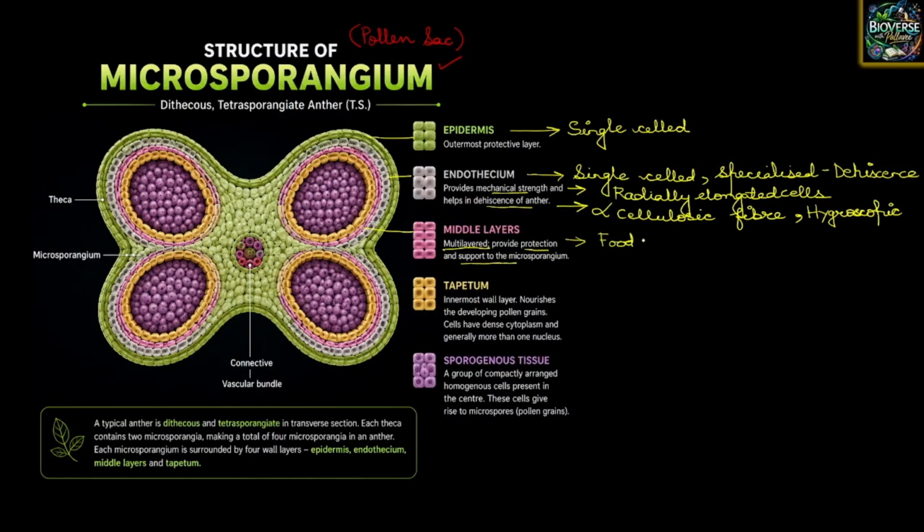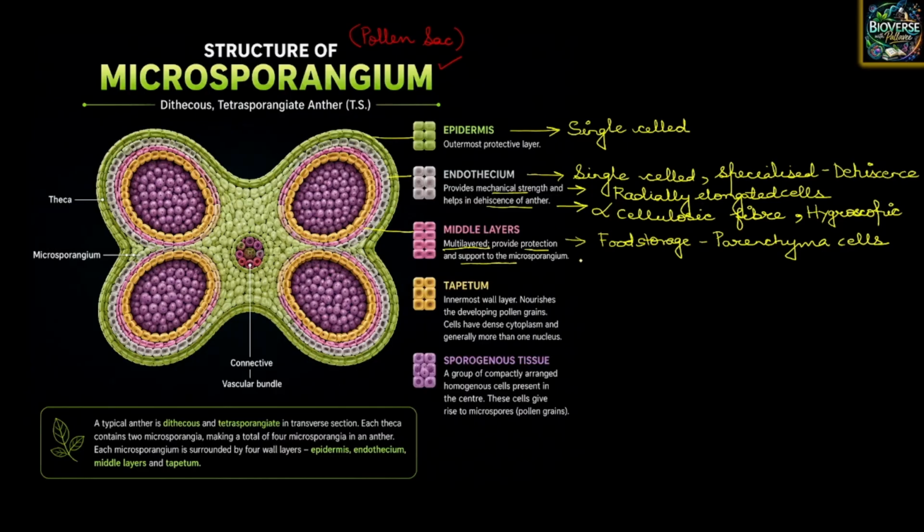So the cells of the middle layer do the food storage. The food storage is done by the parenchyma cells present in the middle layer. The most important thing to remember is M for middle and M for multi-layered. So the middle layer is going to be multi-layered and thick. It consists of parenchyma cells that help in the storage of food, and in turn, it provides protection and support.